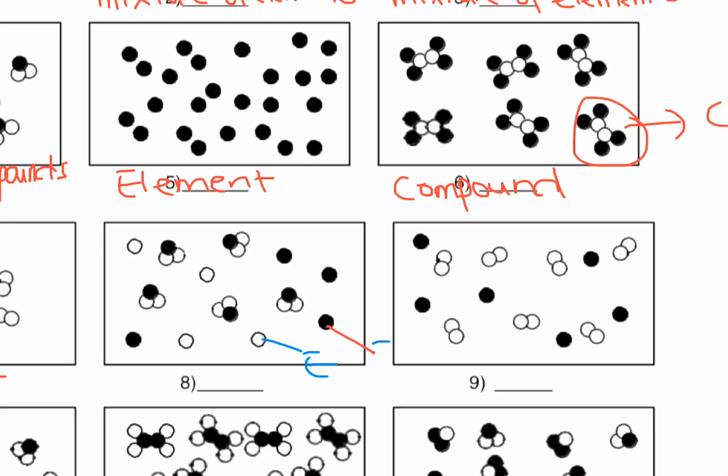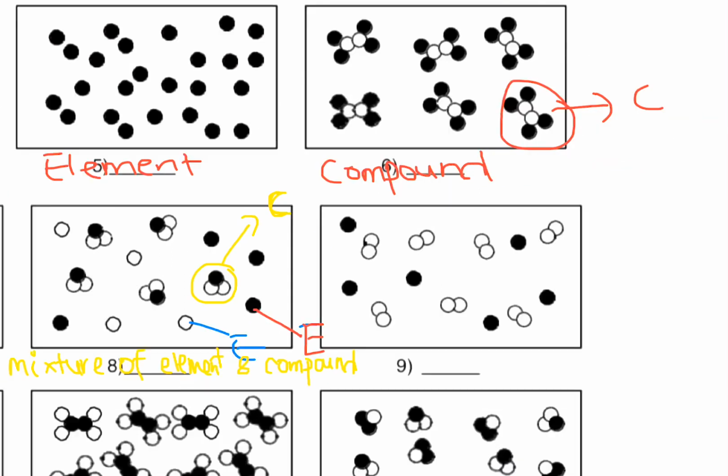So this is an element. The red one is also an element. And if you look at this one here, this is a compound, because you have different atoms chemically bonded. So here you have a mixture of elements and compound.